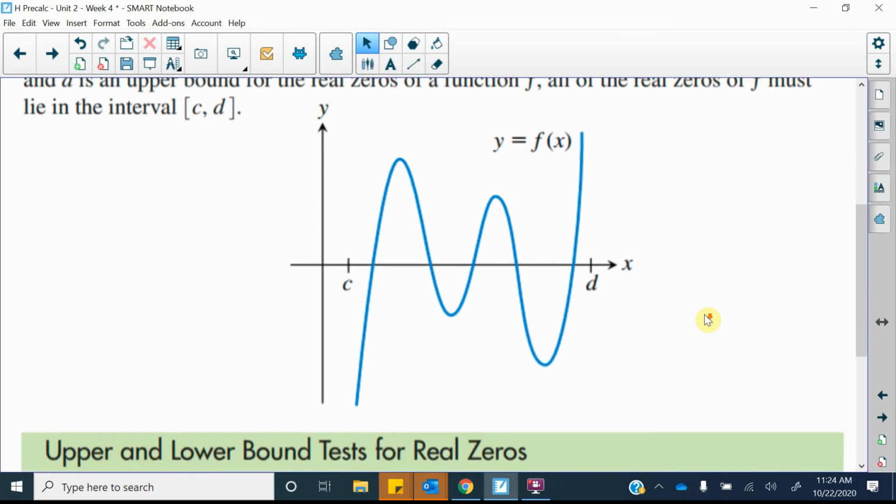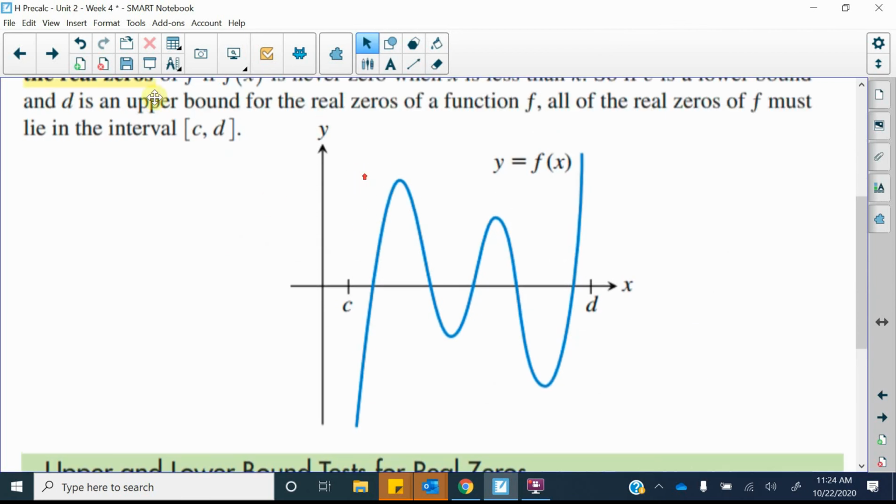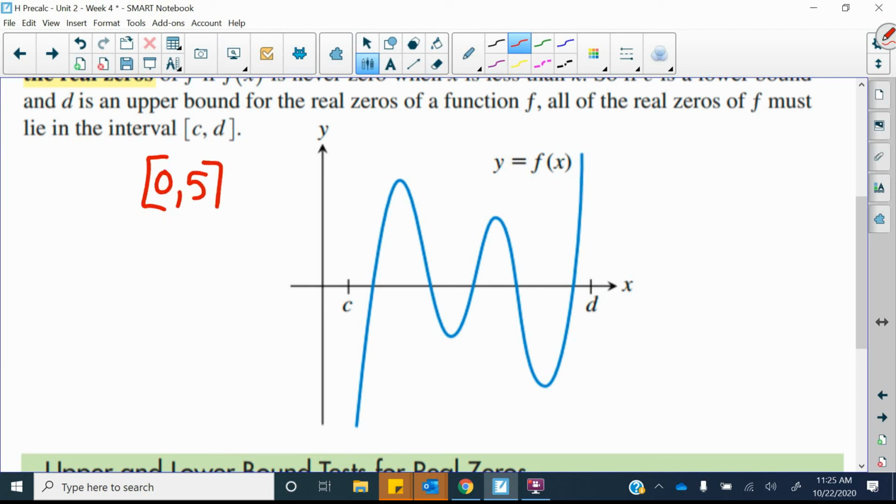Let me show you what we're talking about. With these types of problems, I'm basically going to give you an interval and ask you to show that your lowest bound number is telling us that there are absolutely no zeros below that value. Let's say, for example, I give you the interval of 0 to 5.